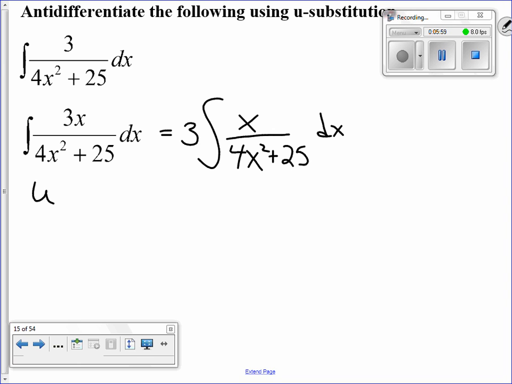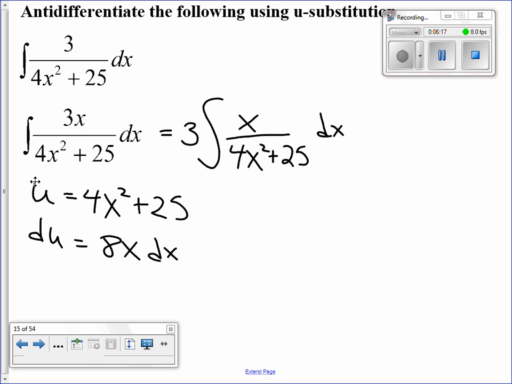Bottom. This time we can make u just equal the denominator, right? So if u is equal to 4x squared plus 25, well, this time we'll have du, because what is du equal to? 8x dx. So once we get du, see what we need. What do we have to put in there?